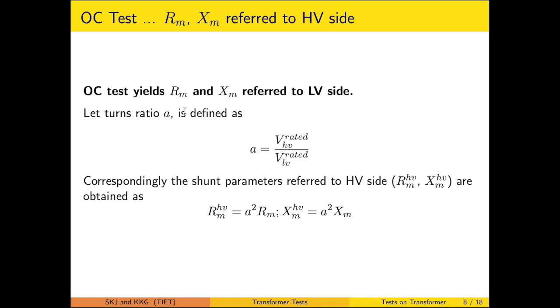When these parameters are to be referred to the high voltage side, they are to be multiplied by the turns ratio square, where the turns ratio is nothing but the rated voltage of the high voltage side to the rated voltage of the low voltage side. So that ratio defines the turns ratio.